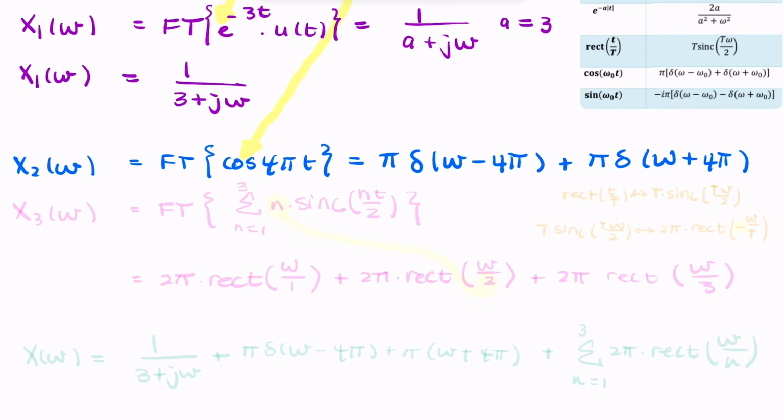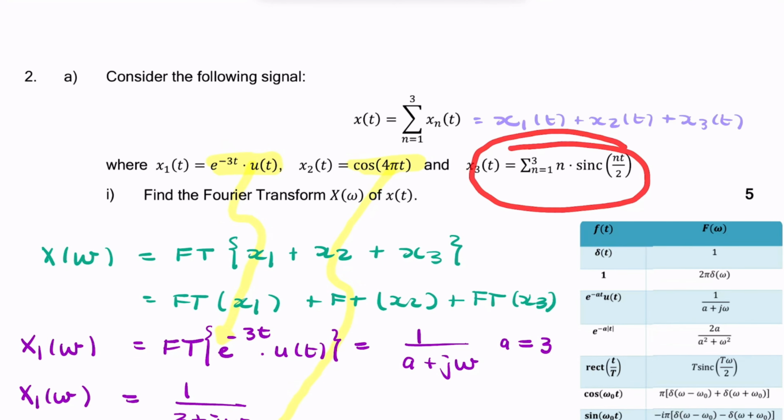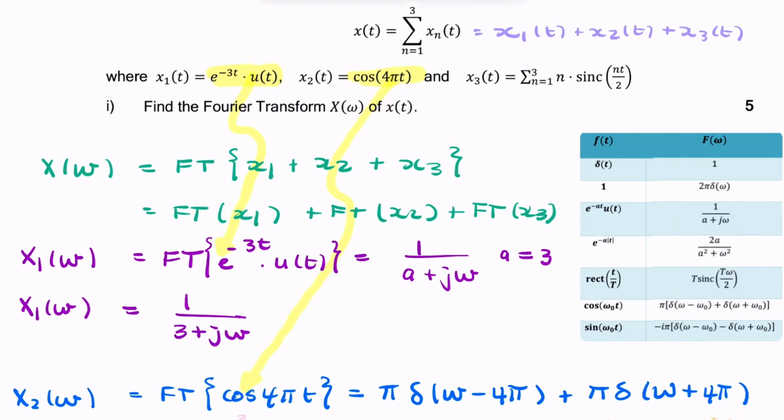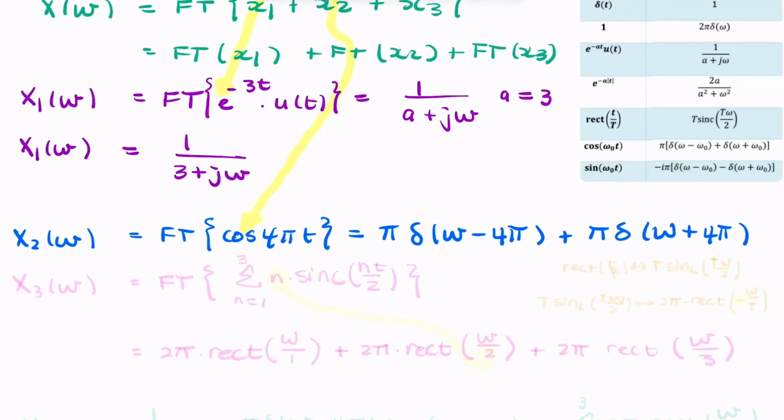And our final term is a sum of 3 sinc functions. Now, if we look in our table, we do have a sinc function, but we don't have the Fourier transform of a sinc function. What we have is the inverse Fourier transform of a sinc function, giving you a rect function. So a rectangular pulse and a sinc function form a Fourier pair.